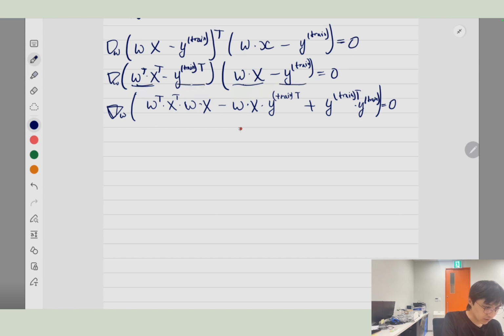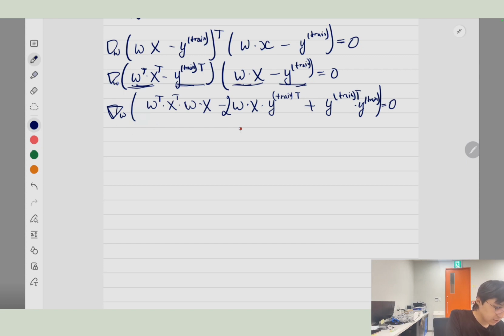Multiplying this by this is the same as multiplying this by that, isn't it? So I can say -2 here because it's the same thing. So I am receiving this. Okay, now I will find the derivative of this.